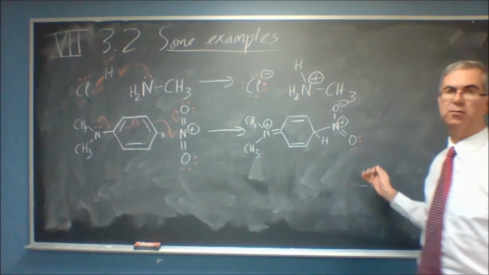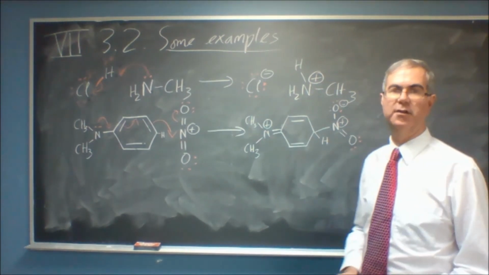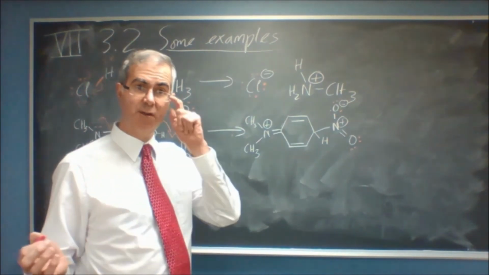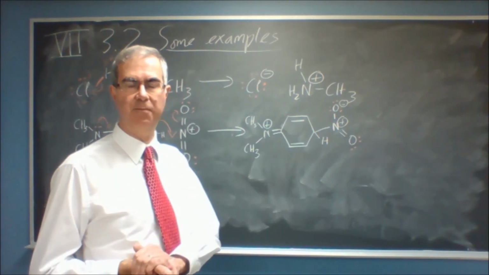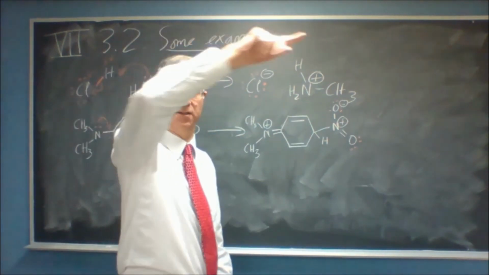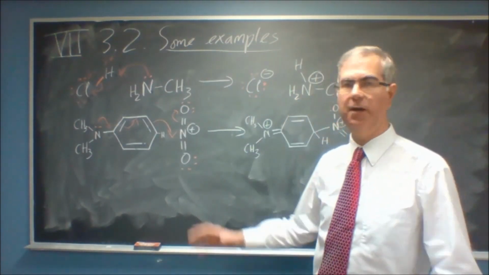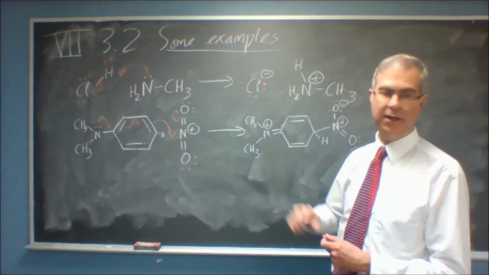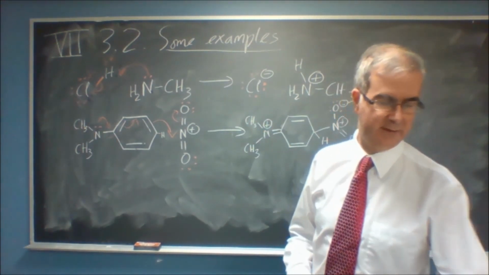So these cascades are quite common, and in fact there's a beautiful mechanism of how steroids are synthesized in your body, where about 10 electrons all go ding, ding, ding, ding, and make about 4 rings all in one step. So these cascades can happen fairly easily.